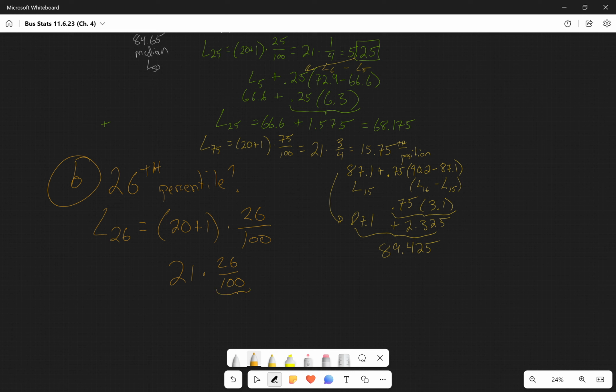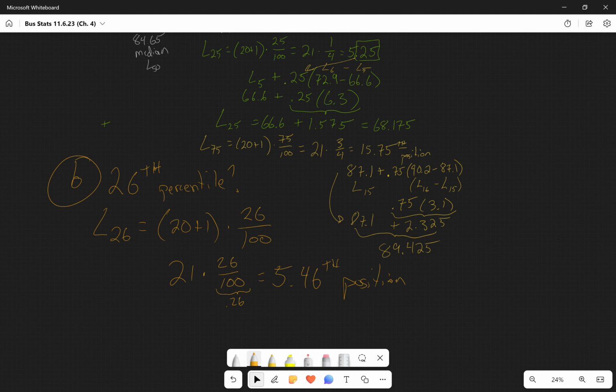This is just 0.26. 21 times this is going to give me the 5.46th position. Again, it gets really hairy once we start to get out of that interquartile normal zone of 25, 75%, and once we're in even land, right? When we have an even number of observations, it starts to become a pain.